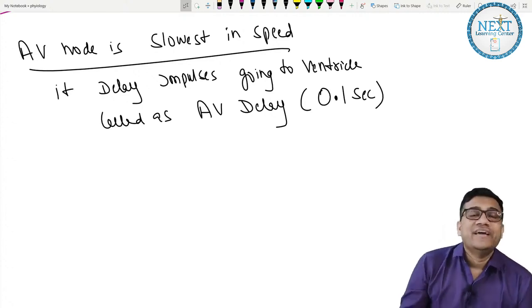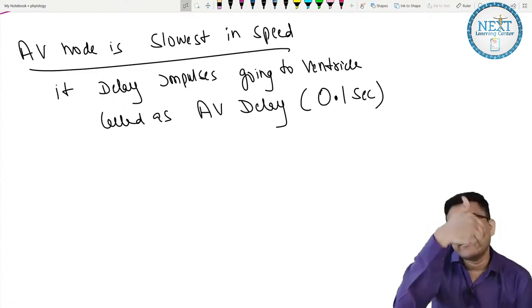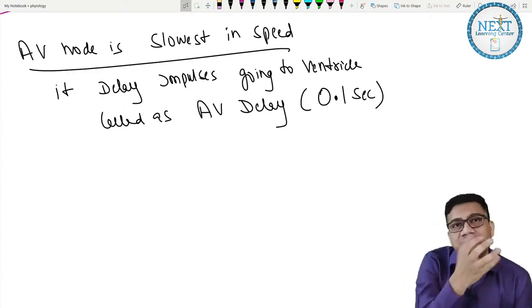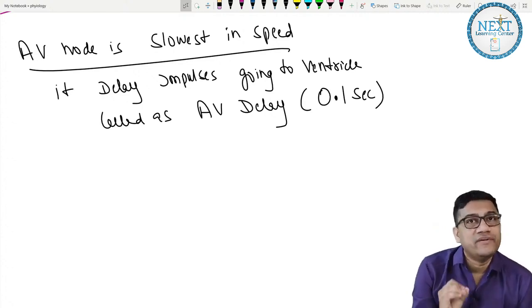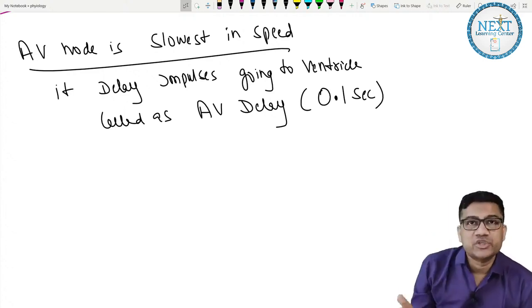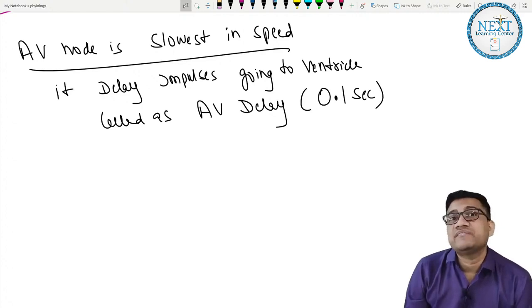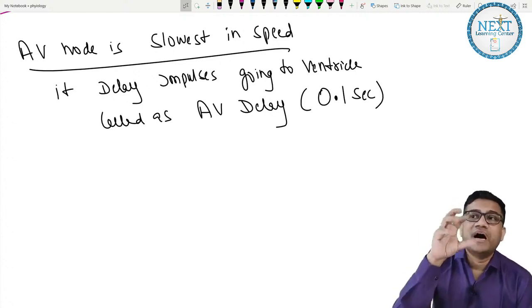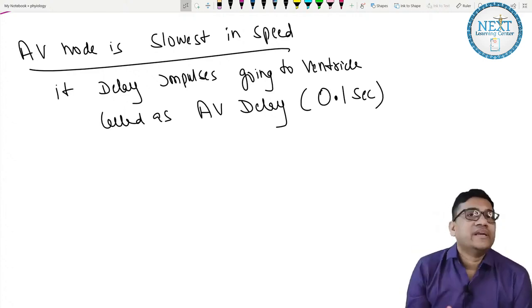So in SVT, that is supraventricular, coming from above the ventricle, mainly from the atrial area, you never try to block the AV node. If you block it, the impulses rush to the ventricles and cause ventricular tachycardia, which is very dangerous. It can make the heart beat abnormally, which can cause death, and then we have to do immediate correction.